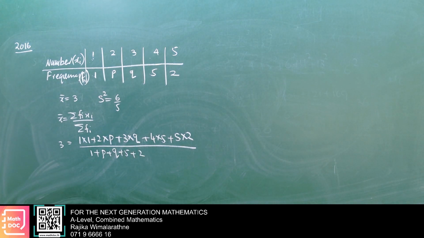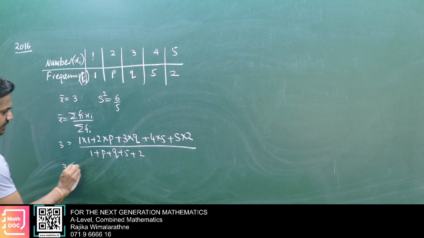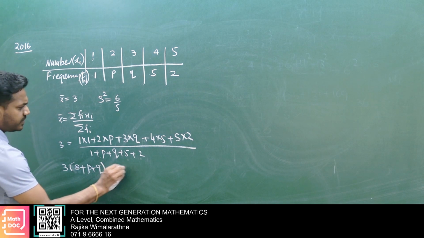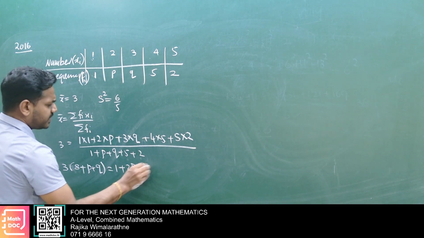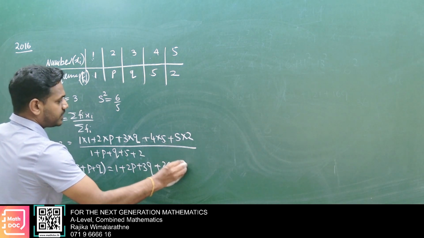Now just simplify: 3 times (8 plus P plus Q) equals 1 plus 2P plus 3Q plus 20 plus 10.